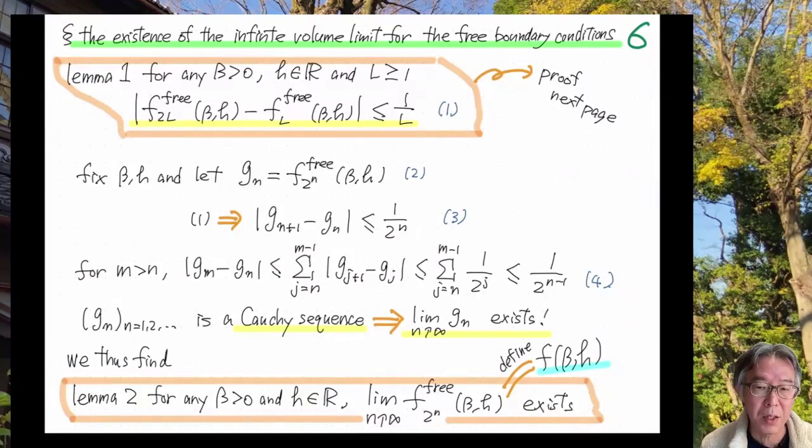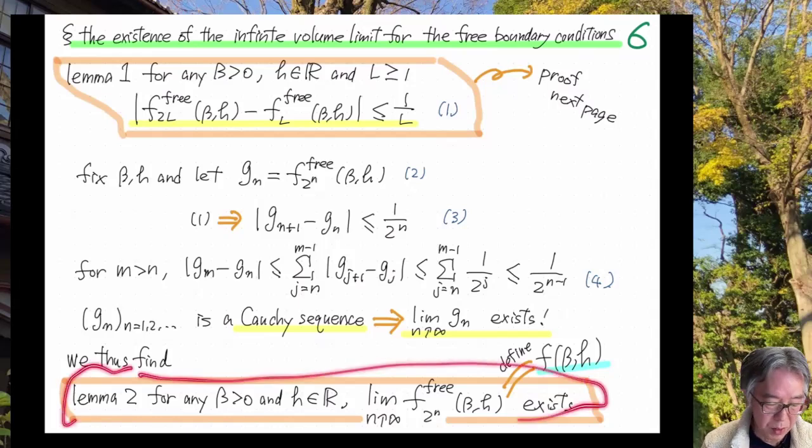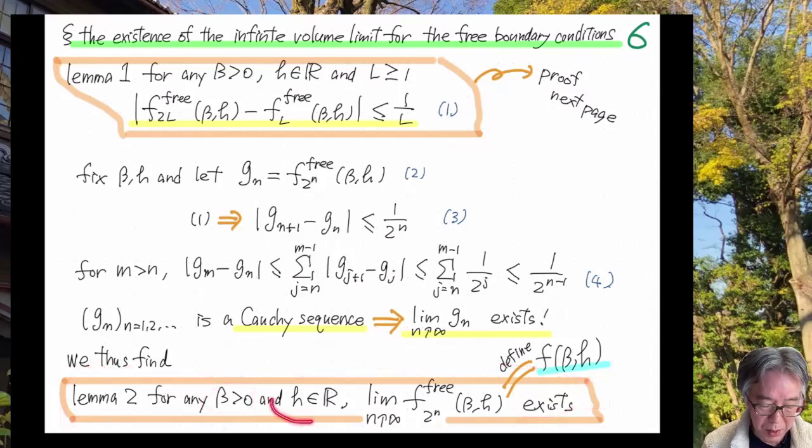So in this case, we can make use of this. The fact that this is a Cauchy sequence guarantees that this limit exists. And from this, we can prove this very essential lemma. This says that for any beta and for any h, this limit exists.